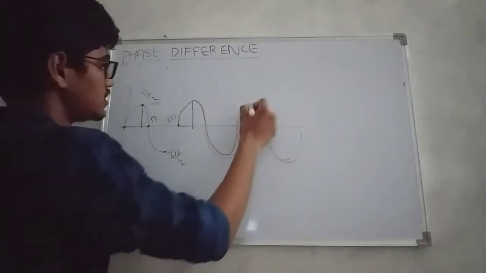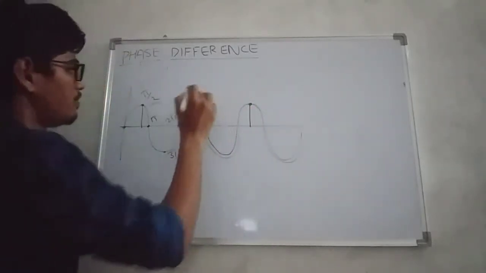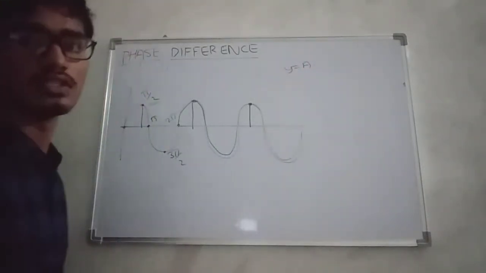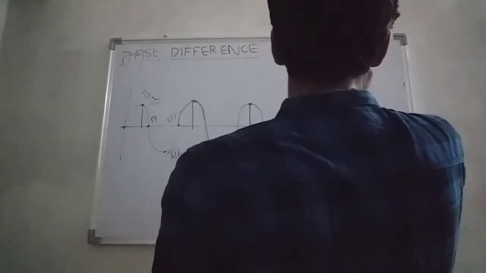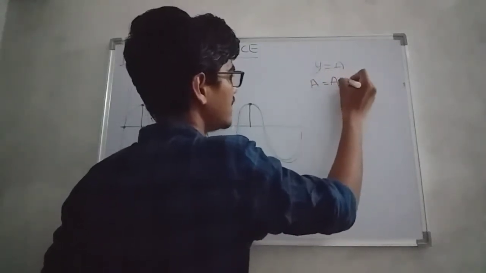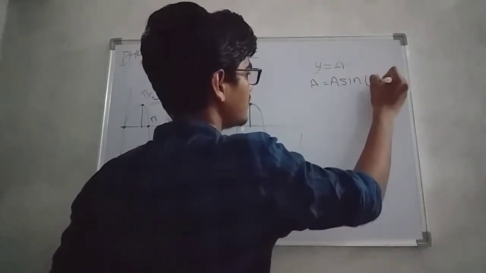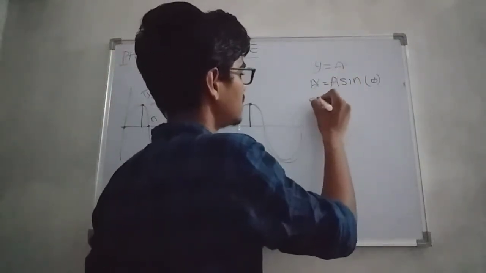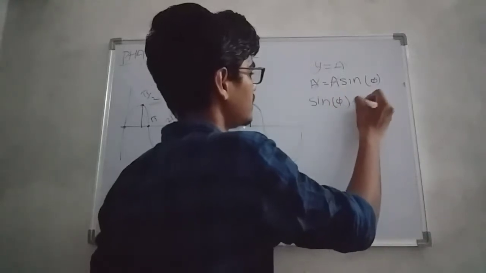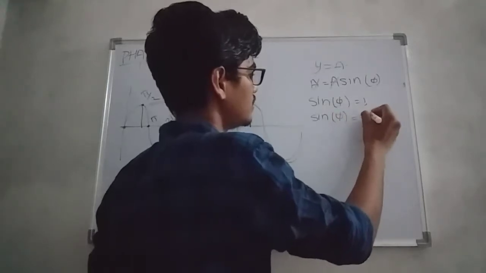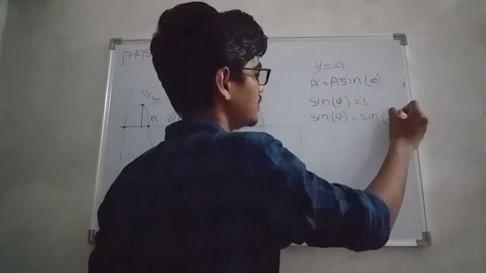Here, in all these positions, the position of particle is the same, which is equal to a. So, by substituting in the wave equation, we can write y equal to a sin phi, and a cancelling, we get sin phi equal to 1, and sin phi is equal to sin pi by 2.